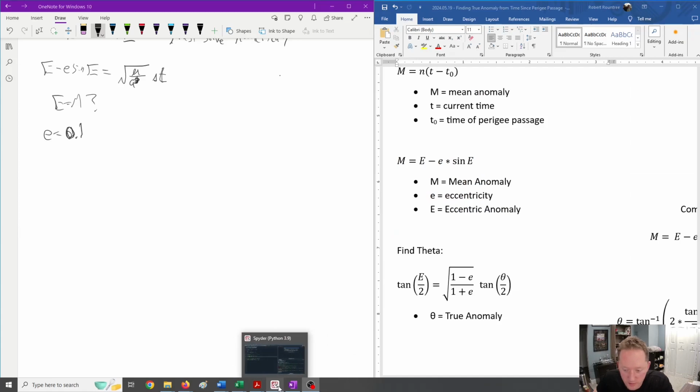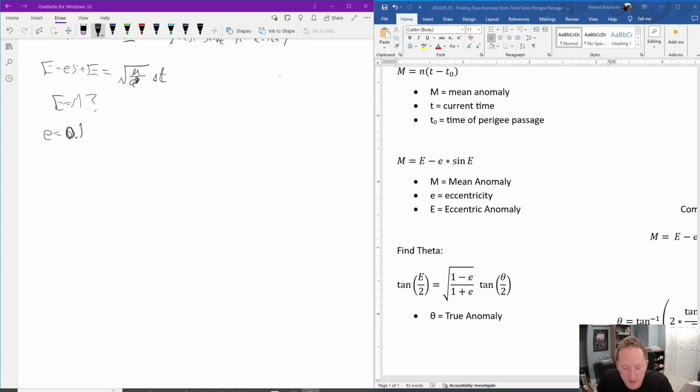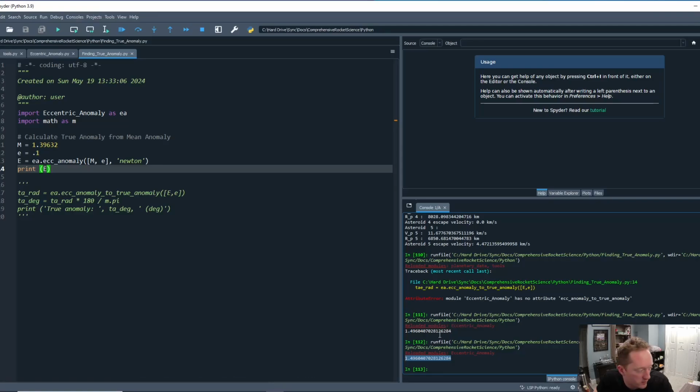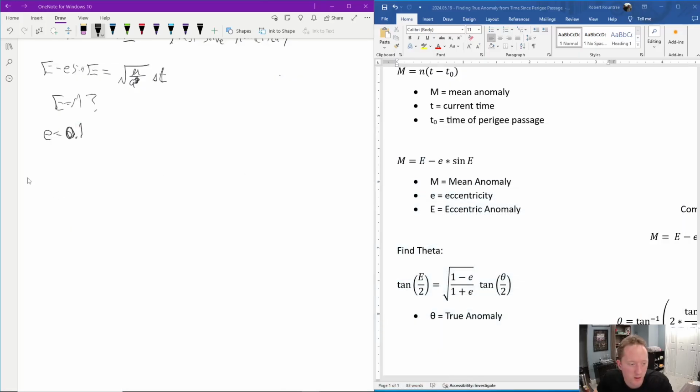All right, so the last thing to cover here is, now that we have our eccentric anomaly, how does that help us get theta? Well, let's take a look. So the eccentric anomaly we got was 1.4960407. I'll go ahead and paste that in here if I can figure out how to. It may take longer than we would hope. There we go.